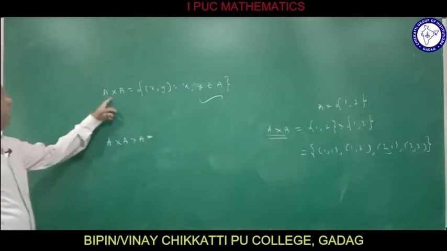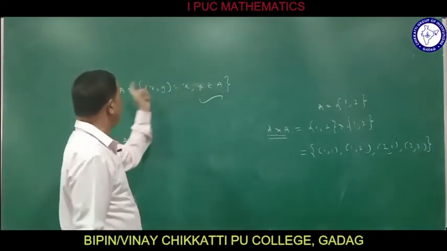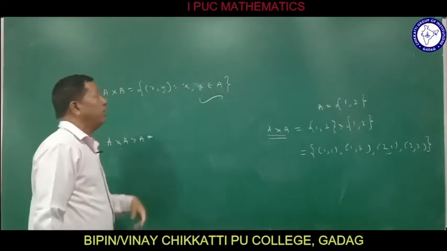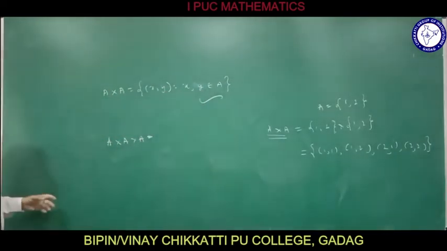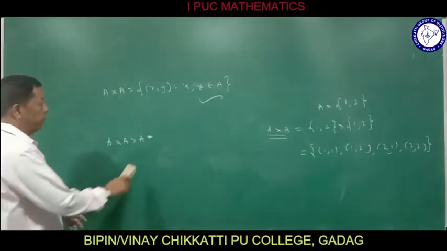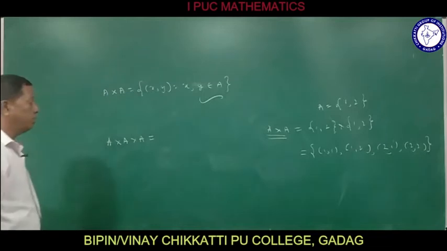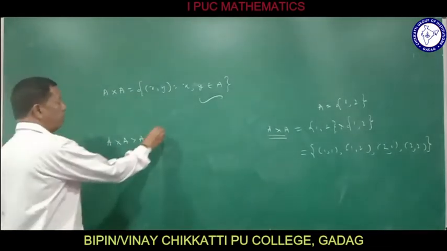For A cross B, we said x belongs to A, y belongs to B. A cross A means both x and y belong to the set A.